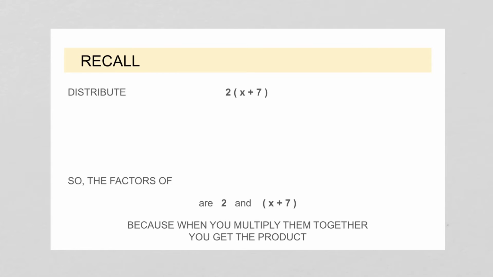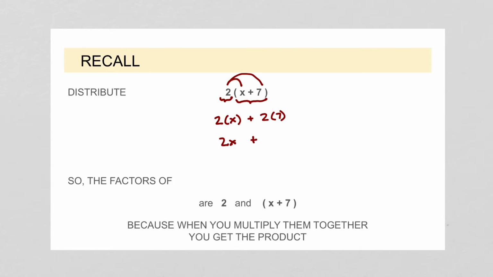So let's practice distributing really quickly too. If I look at this, I see that I've got a positive 2 times the expression x plus 7. So I want to distribute, which means multiply. I've got these two factors, 2 and x plus 7, and I can distribute the 2 to both of those, which gives me 2 times x plus 2 times 7. 2 times x is 2x.